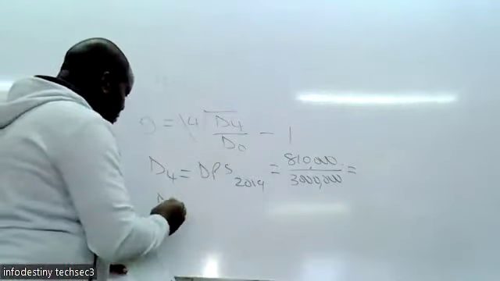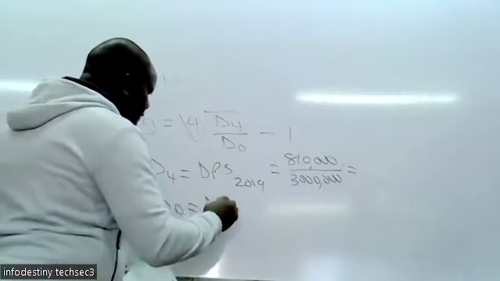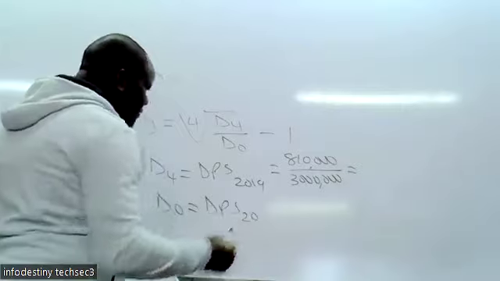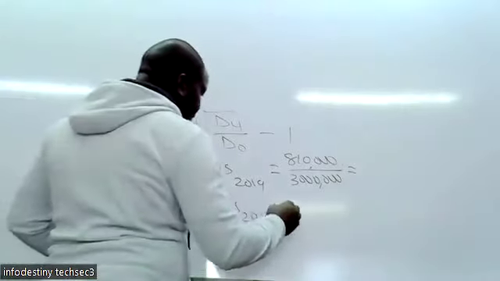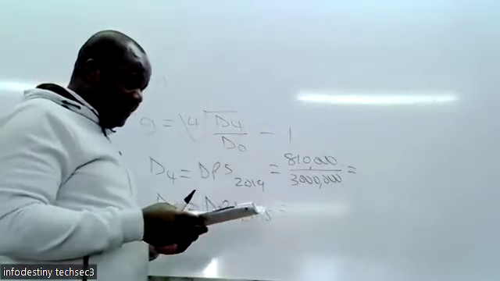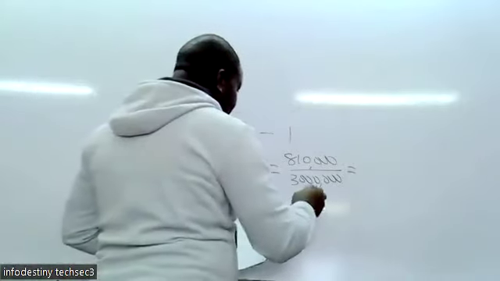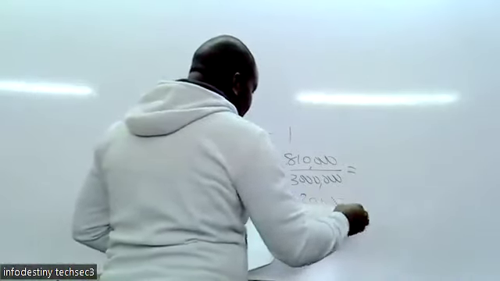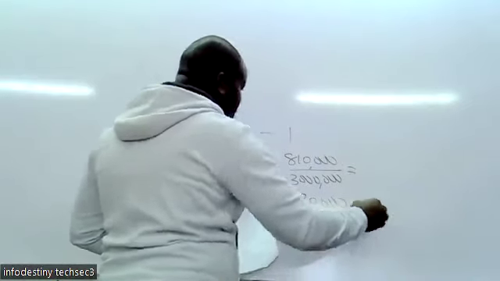We also require D0, which is the dividend per share in the year 2015. This one will take 620,000, also divided by 3 million ordinary shares.